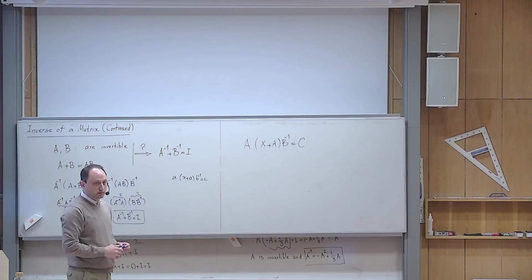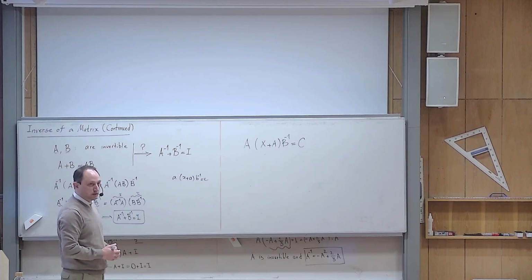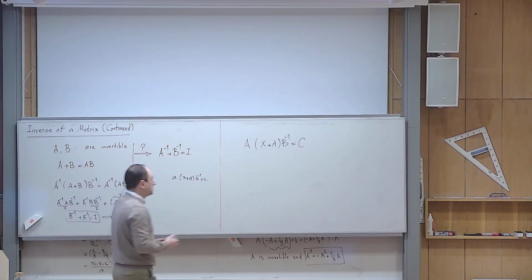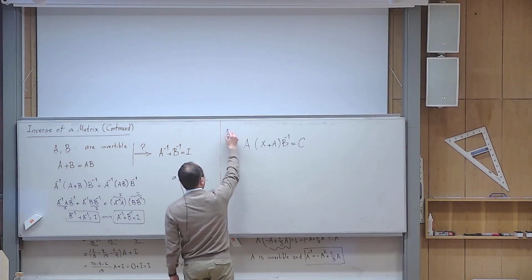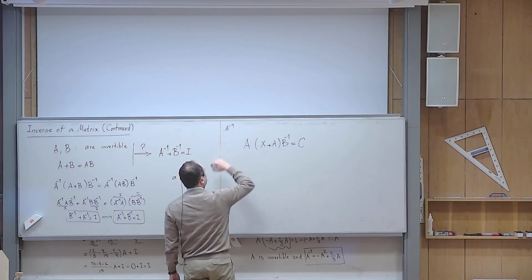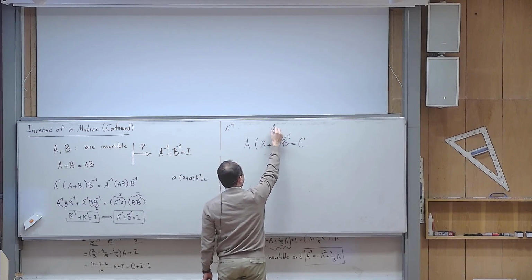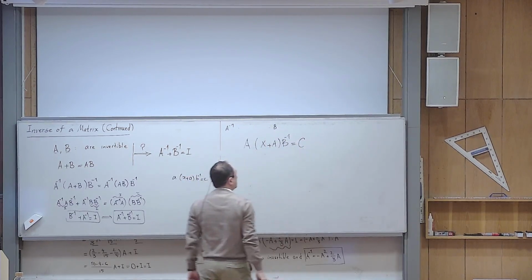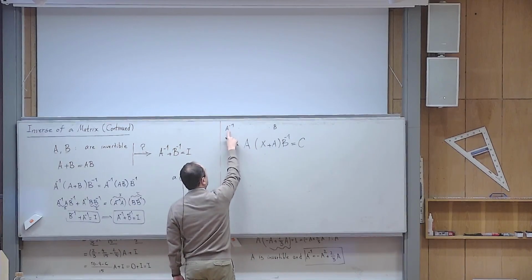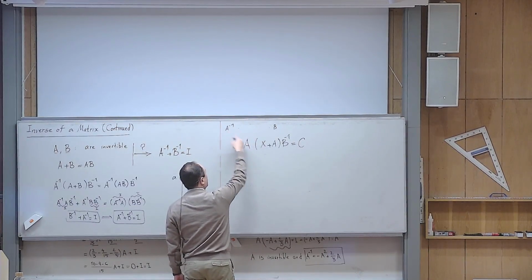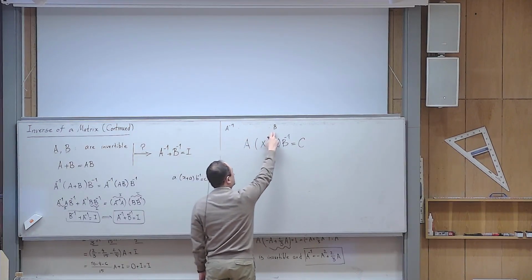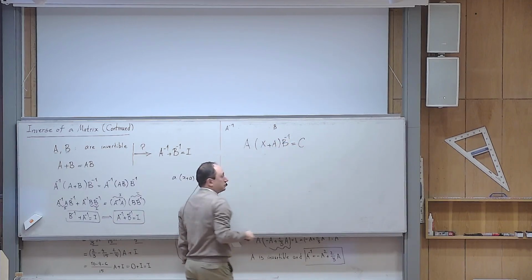Yes? I start off by multiplying the left side with A inverse and the right side with B. Yes, that's good. So I start by multiplying A inverse from the left and B from the right on both sides, because multiplying this by this will take that A away, and multiplying B to this will take that B inverse away.